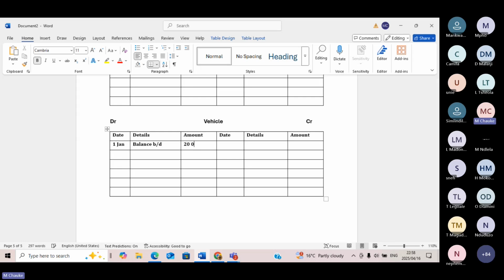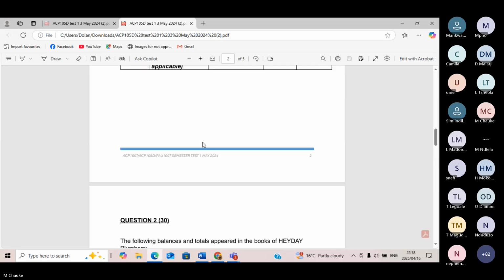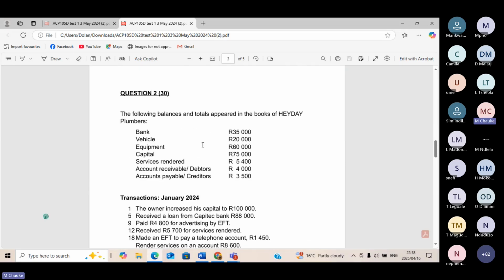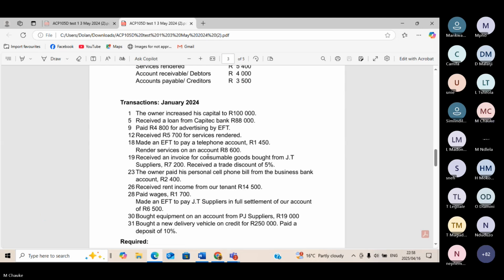And then they also said we bought a vehicle on credit and paid a deposit. Let's see down there. They said we bought a new delivery vehicle on credit. So we bought on credit, number one.